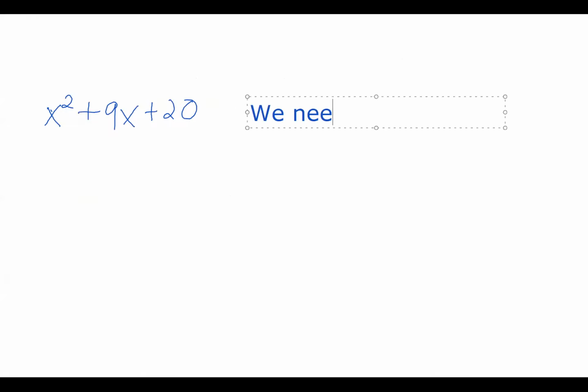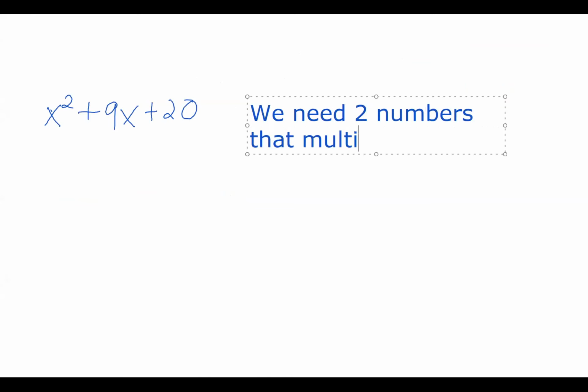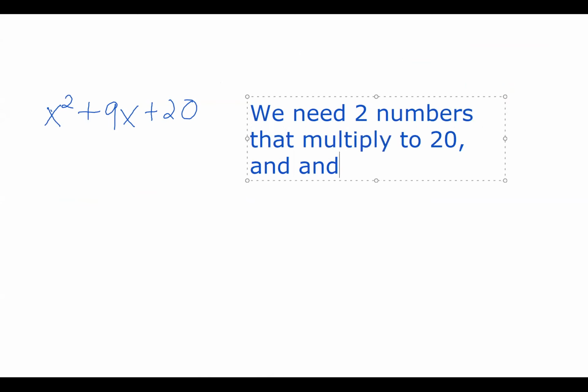Okay, so x squared plus 9x plus 20. Okay, so here's what we're trying to find. I'm going to type it out. So we need 2 numbers that multiply to 20 and add to 9. That's what we need.